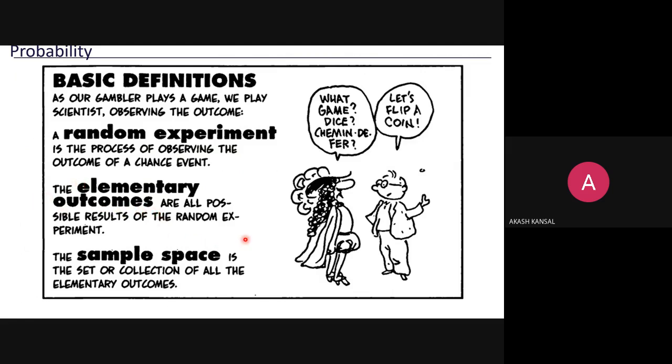Let's say if we toss a coin, then the elementary outcomes would be head or tail. One would be head, and the other would be tail. Sample space is just a collection of all the elementary outcomes. Whatever can be the results of my random experiment are there in the sample space, is what we can say.